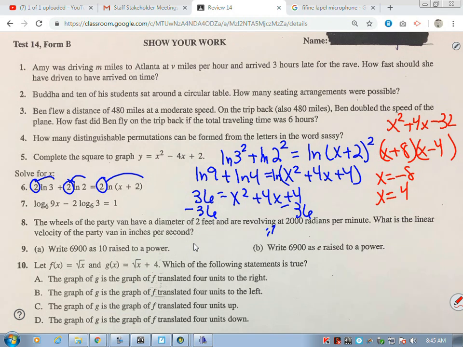As we look at this, though, can it be negative 8? Can I substitute negative 8 in there? No, because that would cause my natural log to be a negative number. I can't get that, so it has to be x equals 4. Do we know what kind of mistakes we made doing that? You just added the 8, and so you added 9 plus 4 and got 13, right? Did you FOIL?